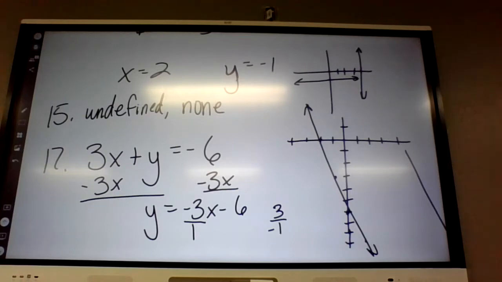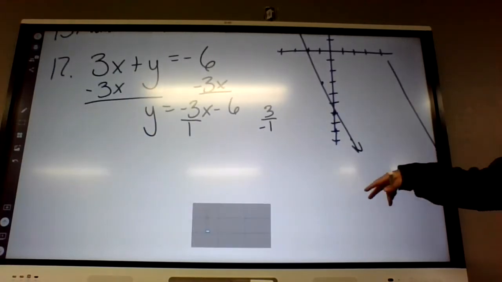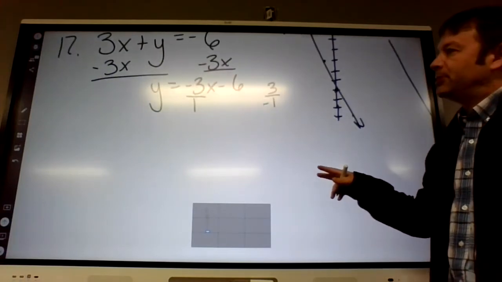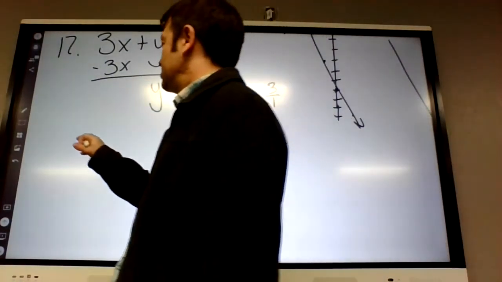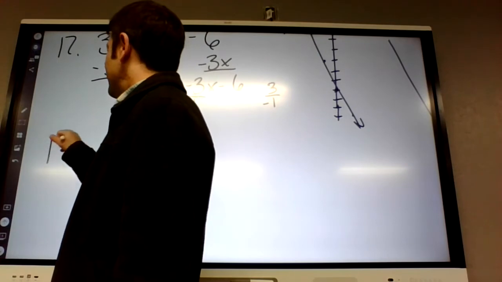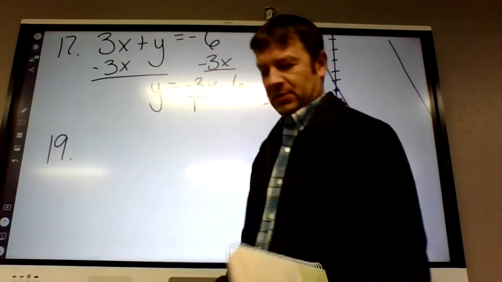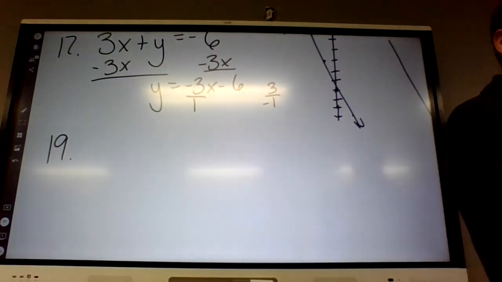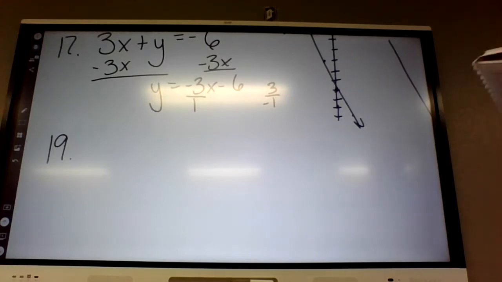A couple chapters ago, they gave us a limited domain sometimes, like the domain is only these few points, so we only drew those. But normally the domain is unlimited. So it's a line. This chapter, it's always a line if we're graphing.